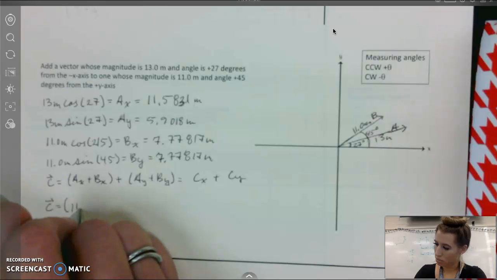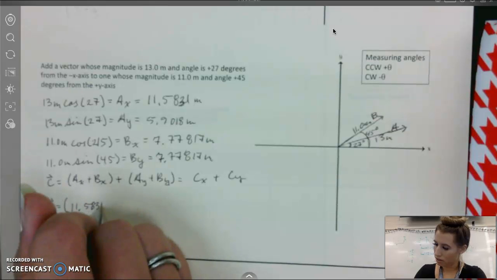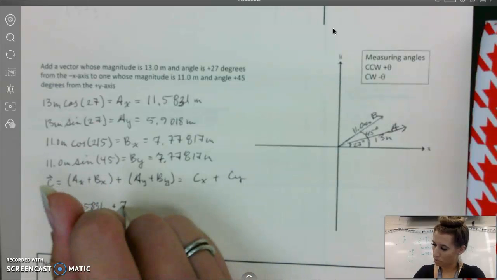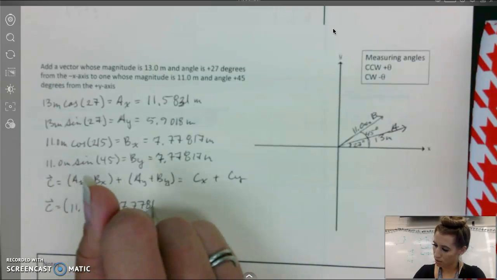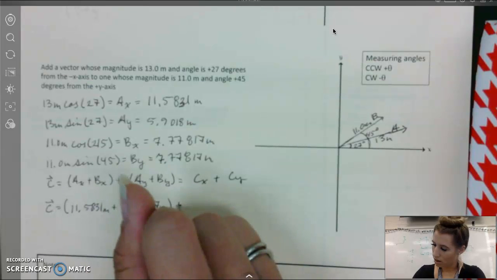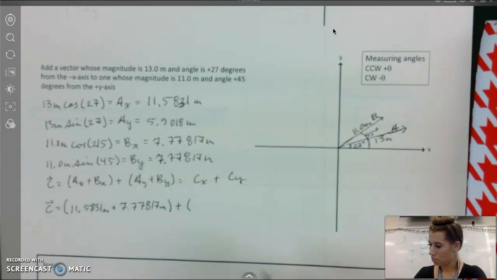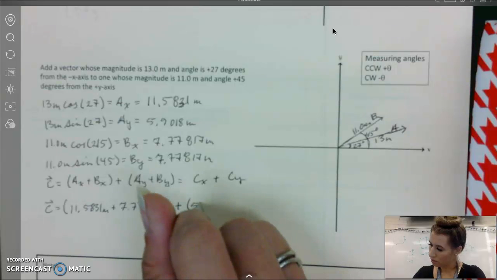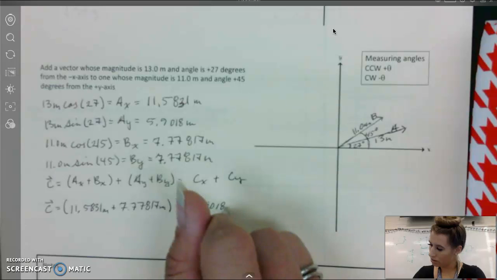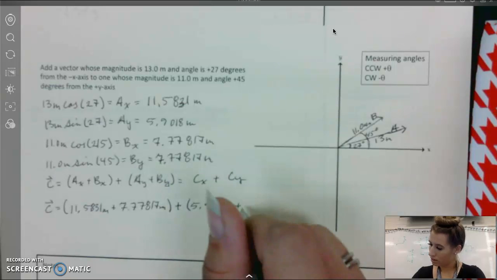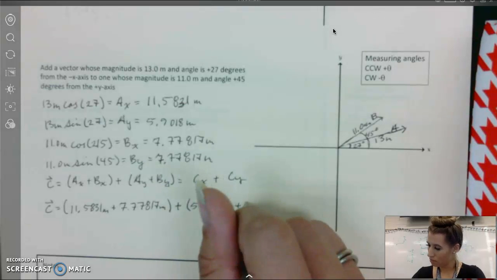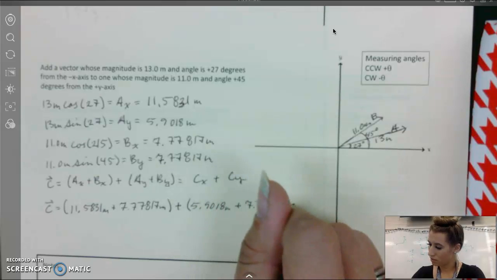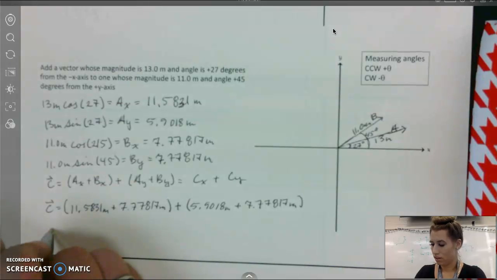A sub x is 11.5831 plus b sub x is the 7.77, and then the y component there, a sub y is 5.9018. We're going to add that to the y component of b, 7.7787, right?